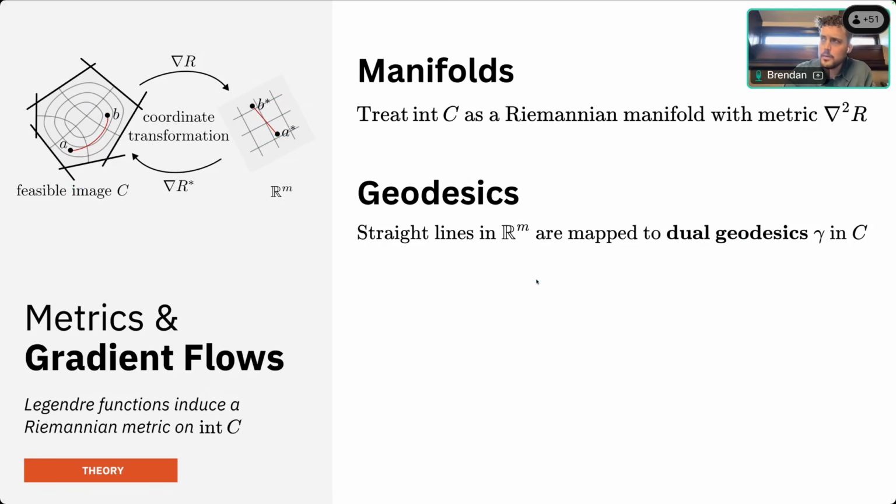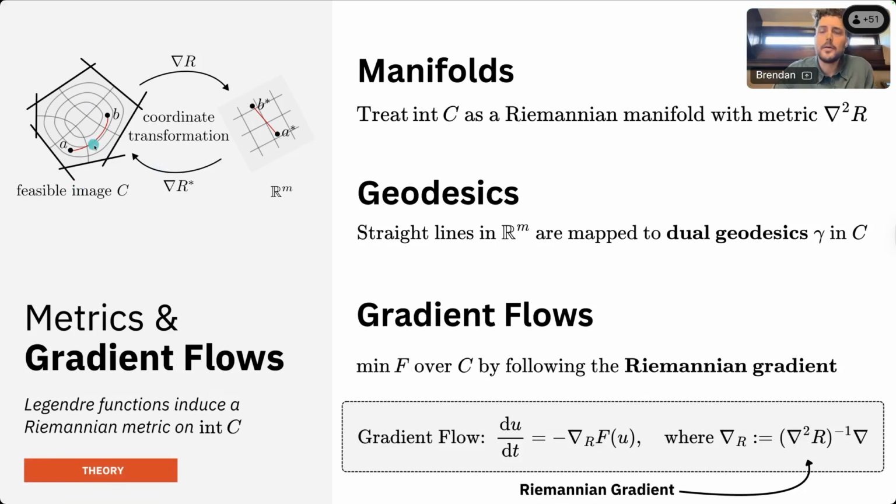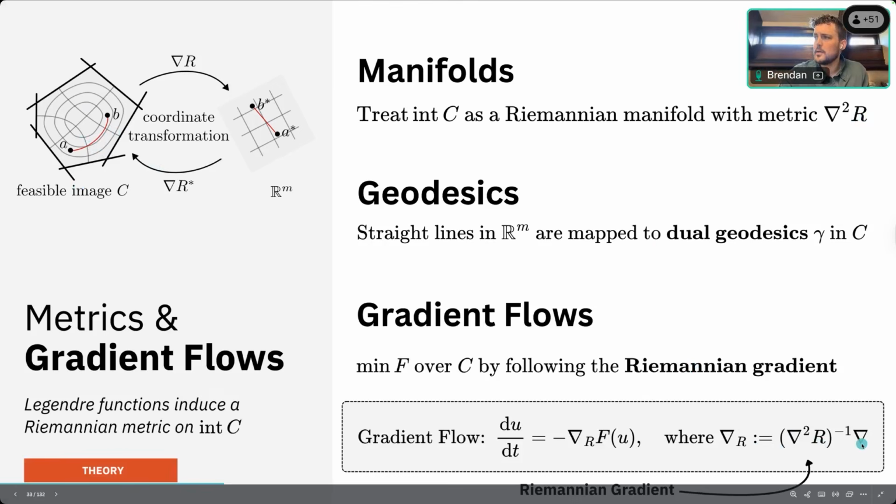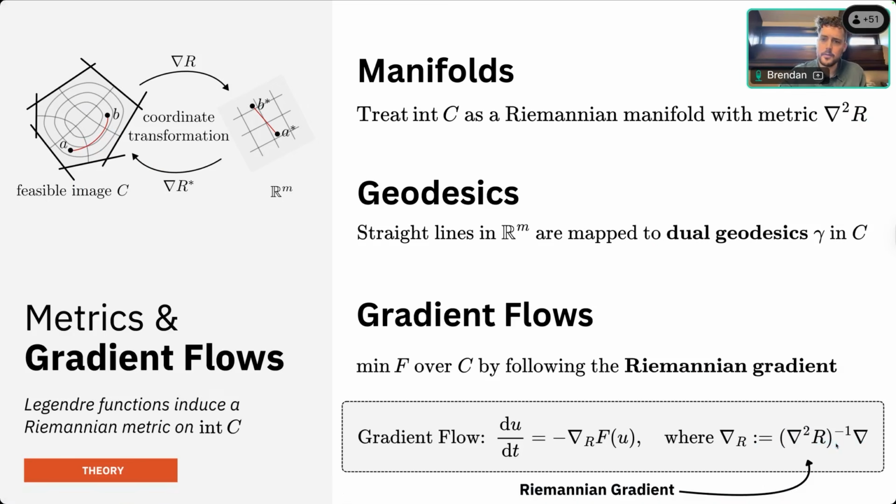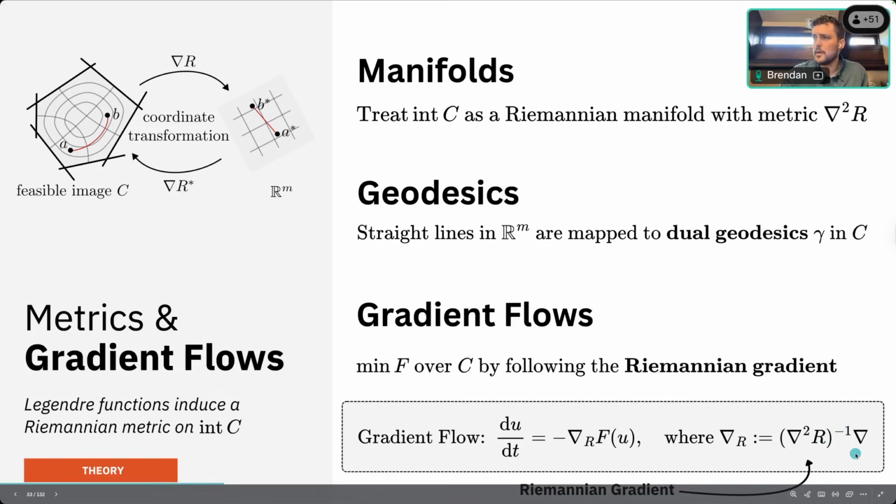We can also define a gradient flow on our manifold. So instead of the Euclidean gradient on our feasible set, we can choose the Riemannian gradient that's informed by the metric. So in Riemannian geometry, instead of using the Euclidean gradient, you precondition it with the inverse of your Hessian, which turns out to also be the Hessian of the conjugate function, but as a chain rule that I'll spare you.